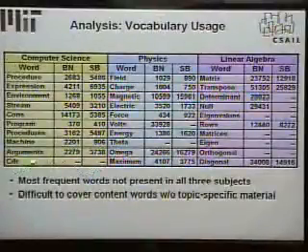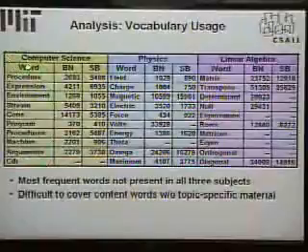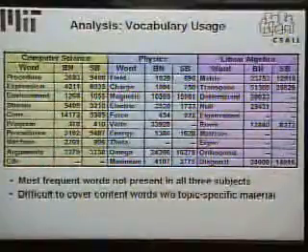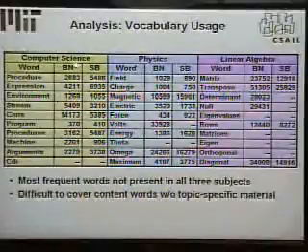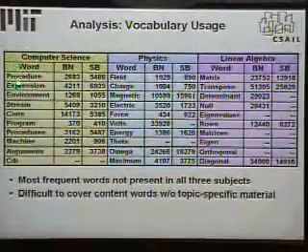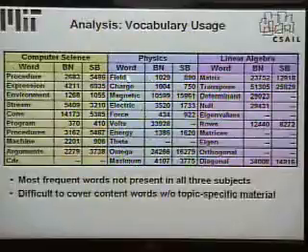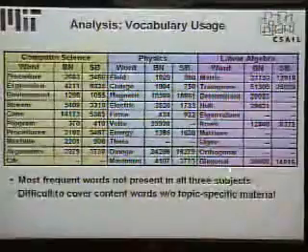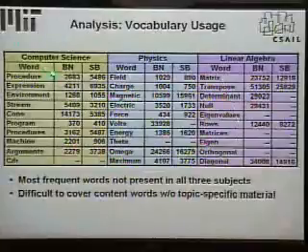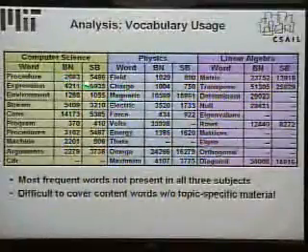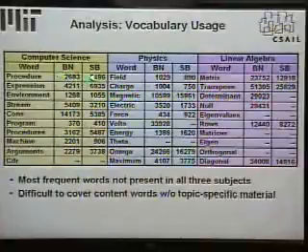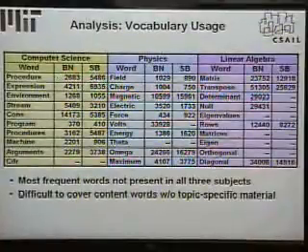So what we were left with was the words that only appeared in one course. We ranked them by occurrence, and so these are the most frequently occurring words that only appear in the computer science lectures, the most frequently occurring ones that only appear in physics and in linear algebra. And then these things here are the ranks of how often these words appear in the broadcast news corpora and in the switchboard corpora.